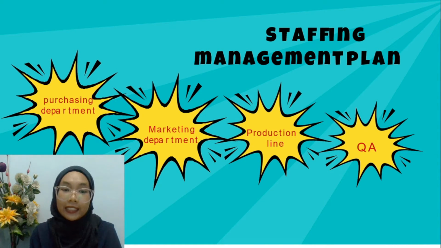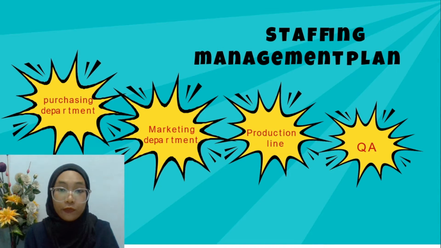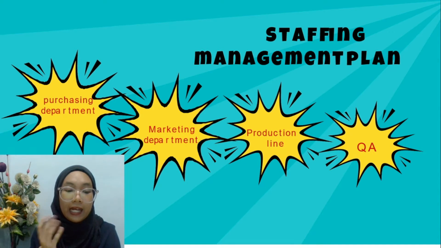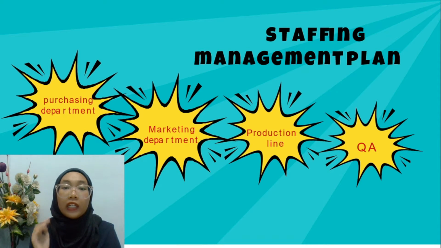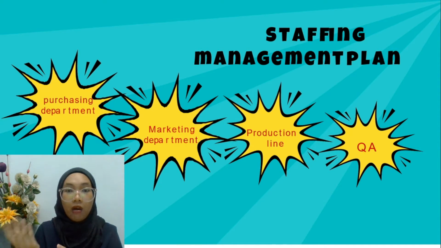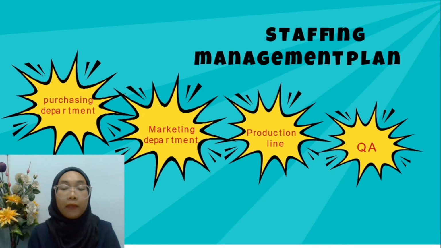So next, second is the marketing department, which has to promote their business and get sales for the product. Even though the brand is already familiar to customers, there are still other brands that have the same product but different brands.